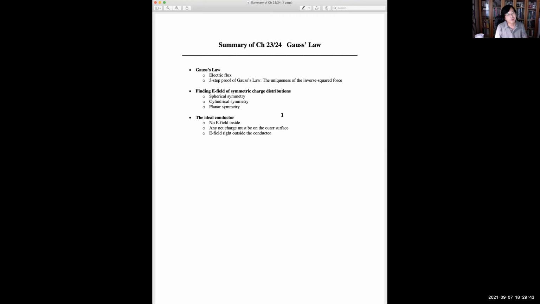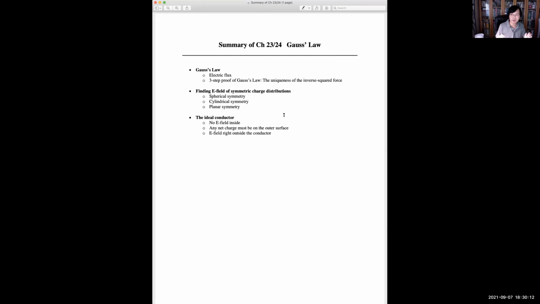Okay, going back to the case of symmetry. Since Gauss's law can allow for any Gaussian surface, you can draw the Gaussian surface according to the symmetry of the problem. For example, if you have a spherical charge distribution, could be a single point charge, could be a uniformly charged solid sphere, could be a uniformly charged spherical shell of any thickness, doesn't have to be zero thickness, then no matter what, all of these fields have something in common.